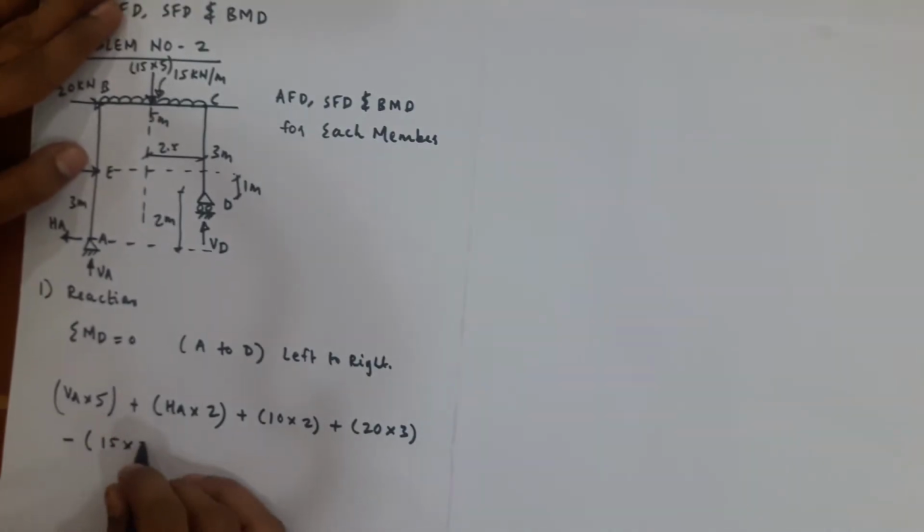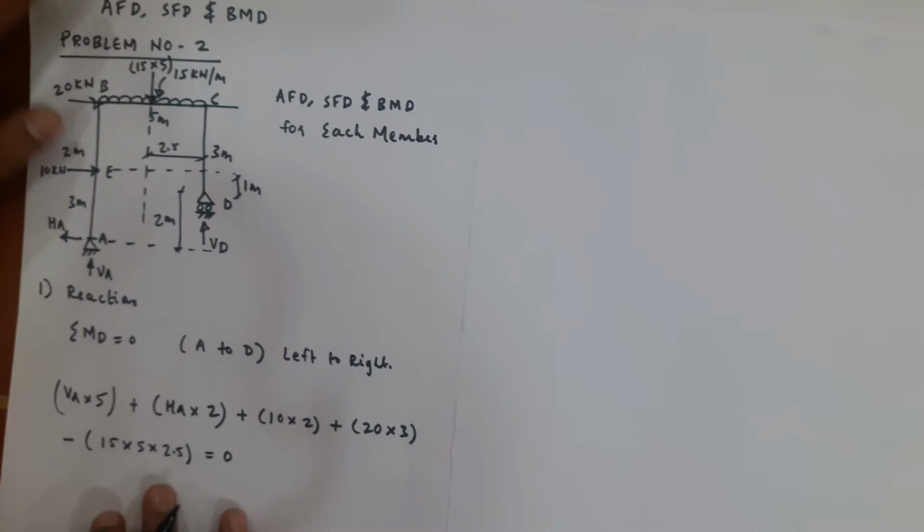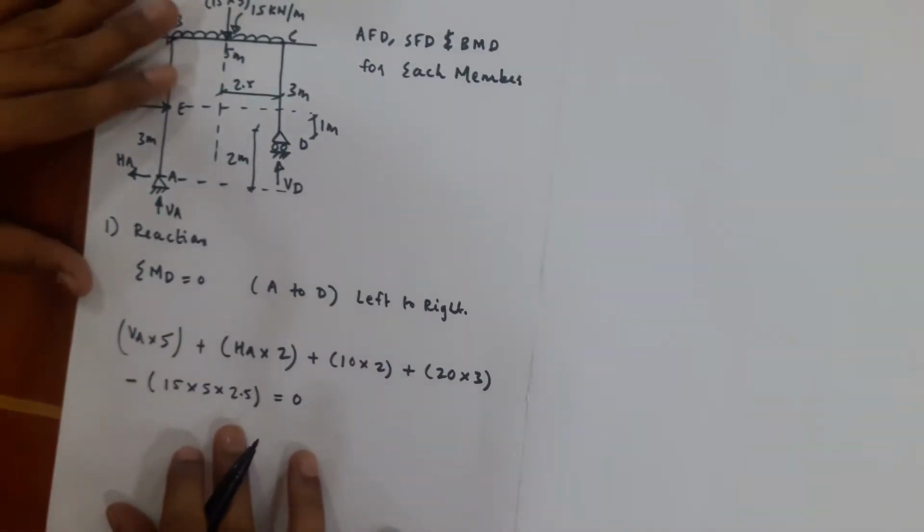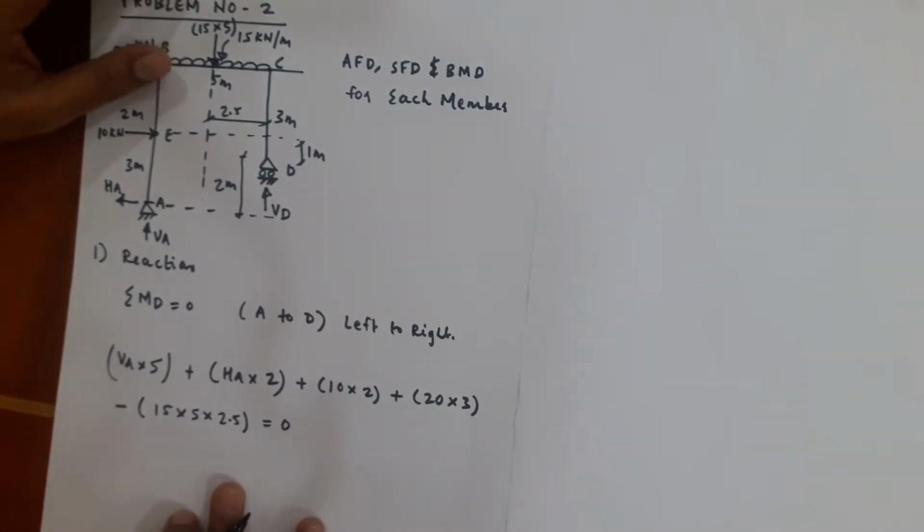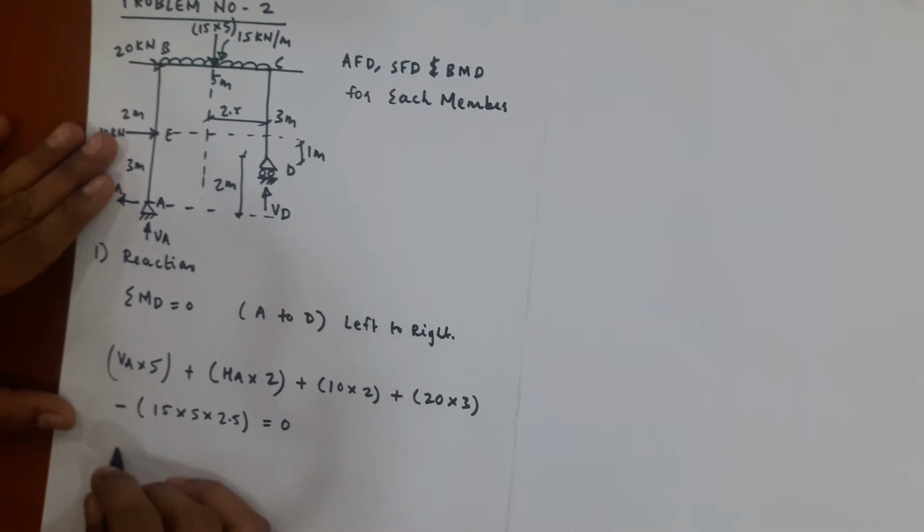Minus 15 into 5 into 2.5 equal to 0. So by solving this equation you will get VA equal to 11.5 kilonewton.